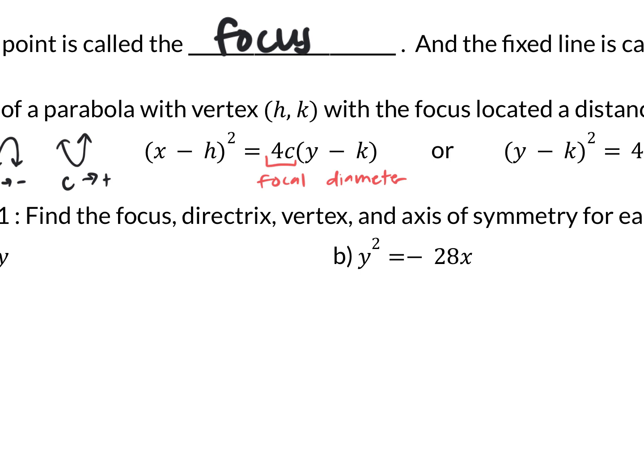Now the cool thing about your focal diameter is, let's say that this distance is 10. If that distance is 10, that means that half of that distance is 5, right? And then the cool thing about this relationship with the focus point distance is that this is also half of that. Kind of cool there.